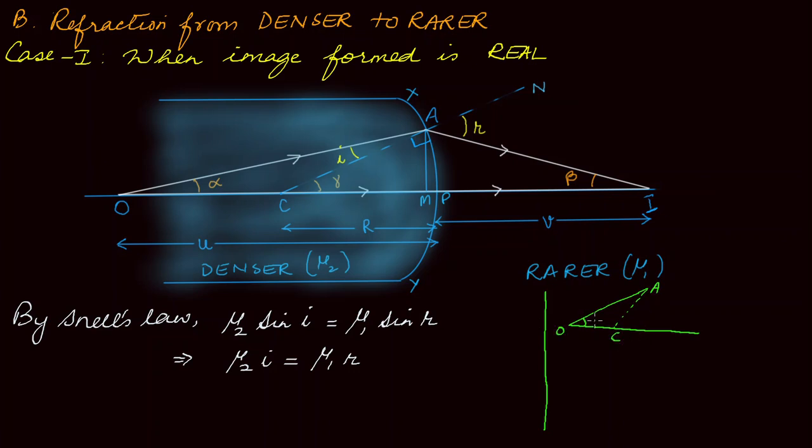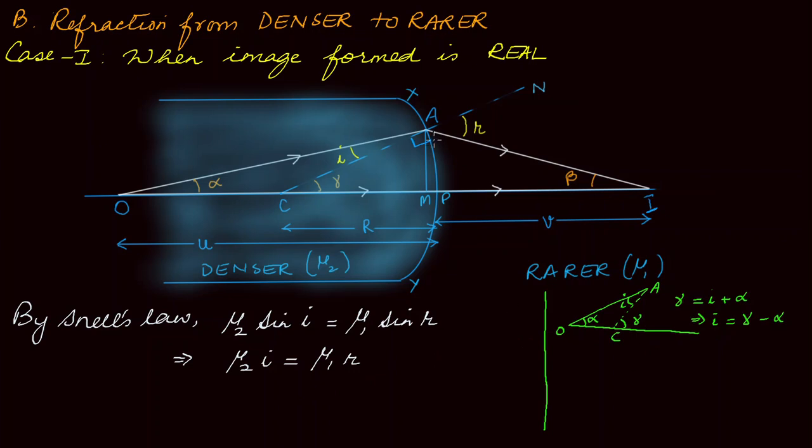This angle here is alpha, this angle here is I, and this angle here is gamma. So from this you have gamma is equal to I plus alpha, which gives I to be gamma minus alpha. Yes or no?